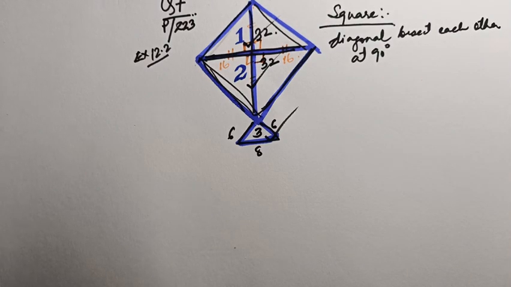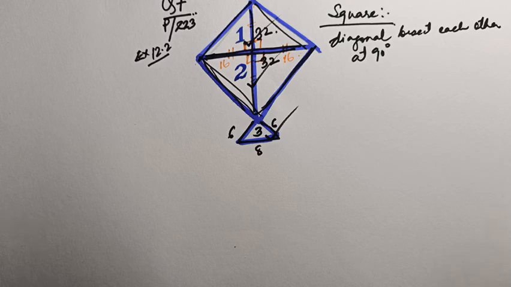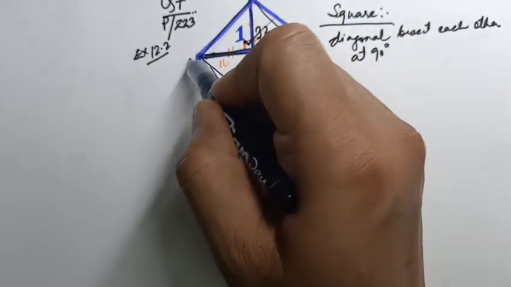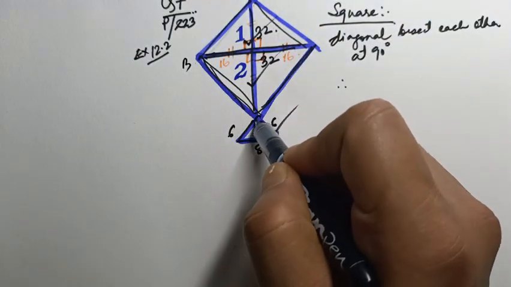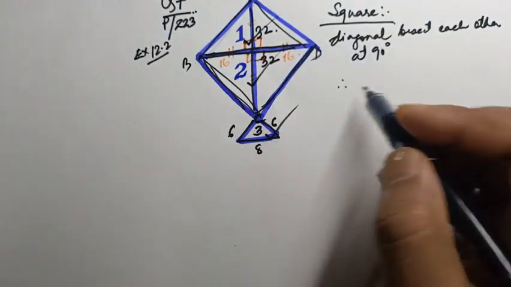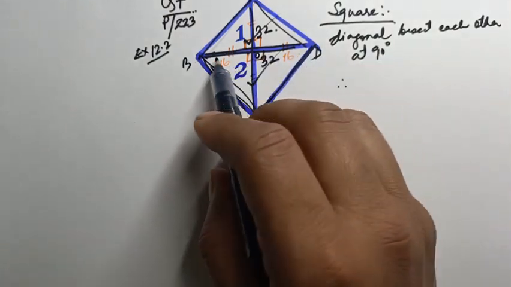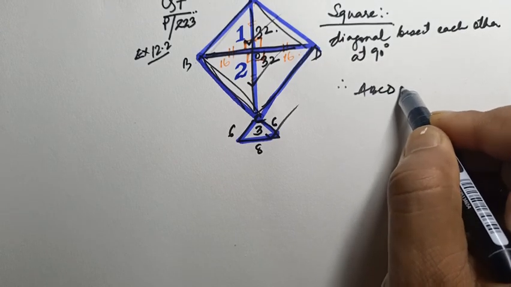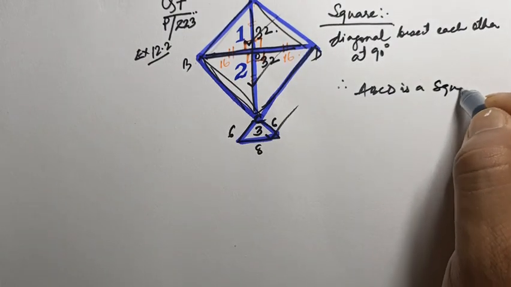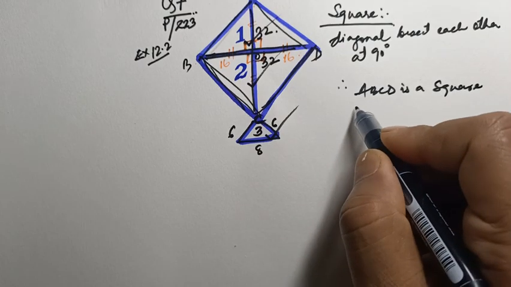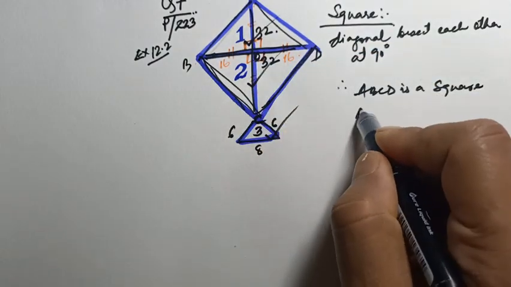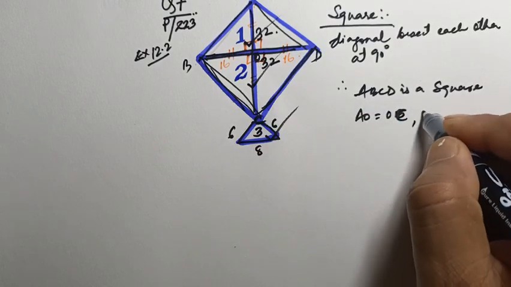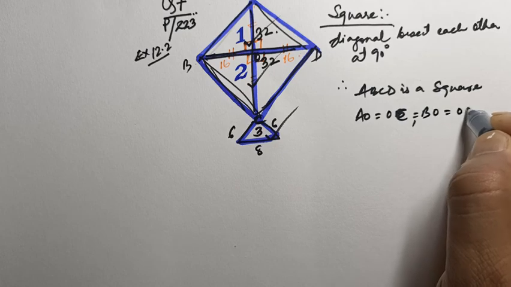I think the question is very clear now. Since the diagonals bisect each other, if I put this as A, B, and here C and here D, and O at the center, since ABCD is a square, diagonal AO will be equal to OC, and BO equal to OD.